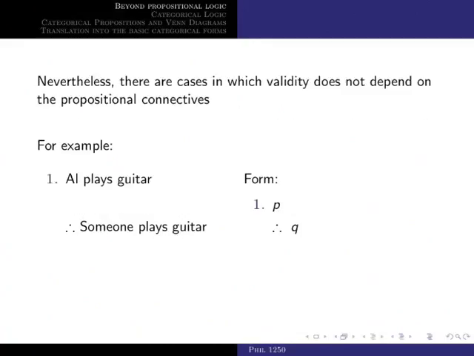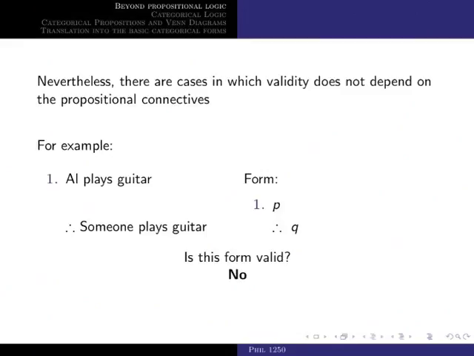Well, notice that neither of them has any connective such as and, or, not, if then, so that from the point of view of propositional logic, both are atomic sentences, right? So the argument would be of the form P, therefore Q. Is this form valid?